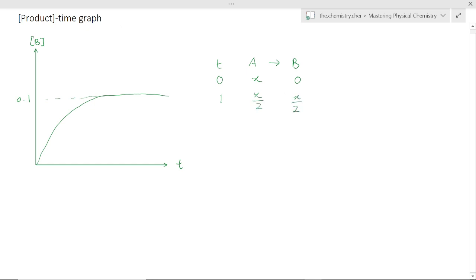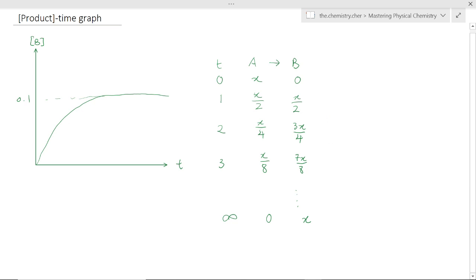After the second half-life, what we will have is x over 4 here, but the extra 1 over 4 went to the product side, so this becomes 3x over 4. Third half-life, it will become x over 8, this will be 7x over 8, and so on. So at infinity, it will be 0 and x over here.